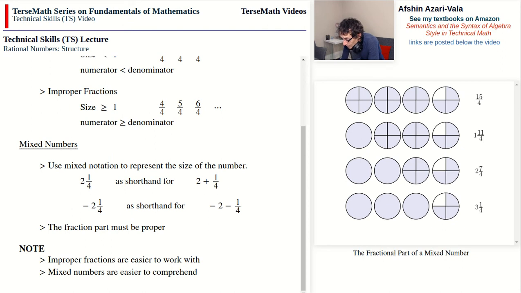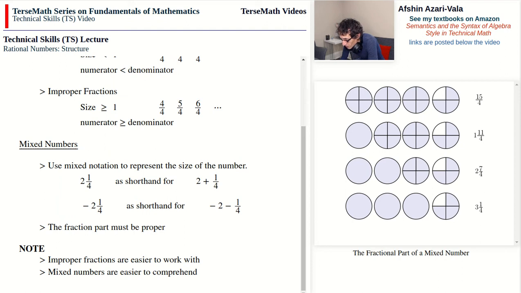But mixed numbers have their advantages. They are easier to comprehend size-wise. So if somebody says I have 9 quarters, and somebody says I have $2 and 1 quarter, it's much easier for us to comprehend the size of $2 and 1 quarter compared to 9 quarters. And the larger the number becomes, the more difficult it becomes to understand how much we are talking about.